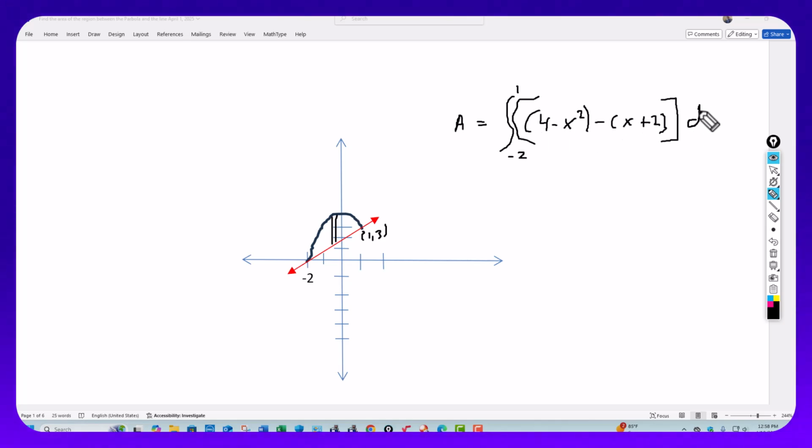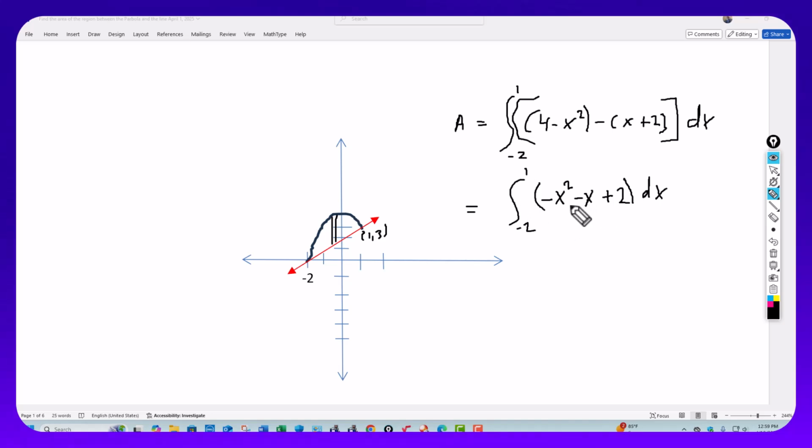And of course, the width again is represented by dx here. And then we go ahead and do this difference here. So the minus x squared is going to stay. And I'm going to have a minus x from here. And then the minus 2 and a 4 gives me a plus 2. So that's the expression we need to integrate.